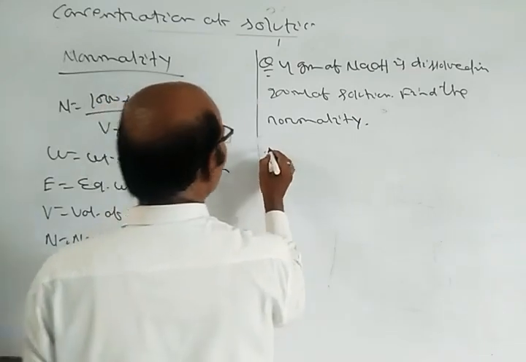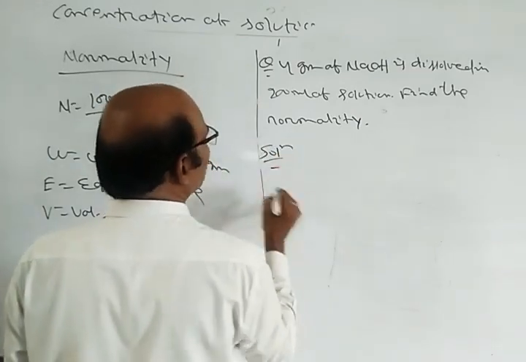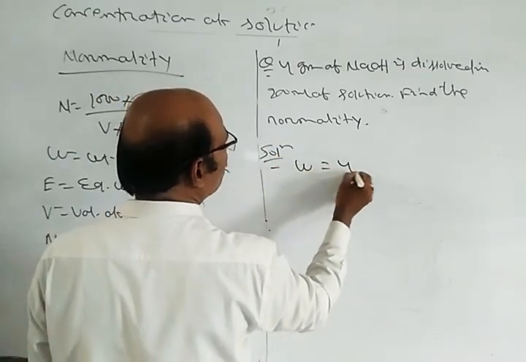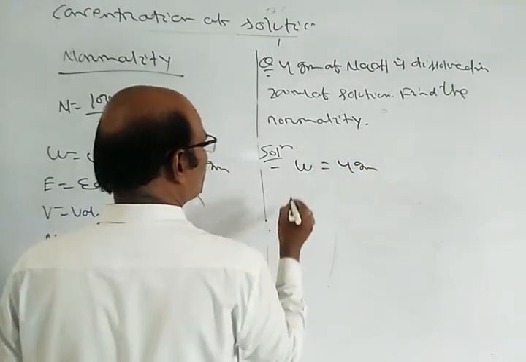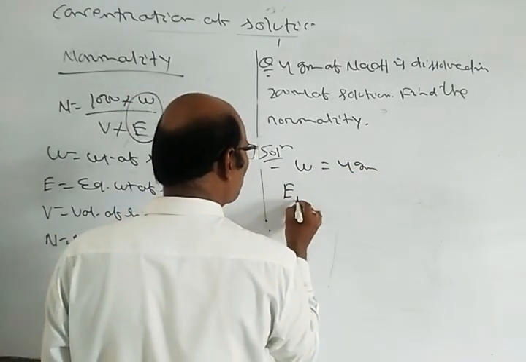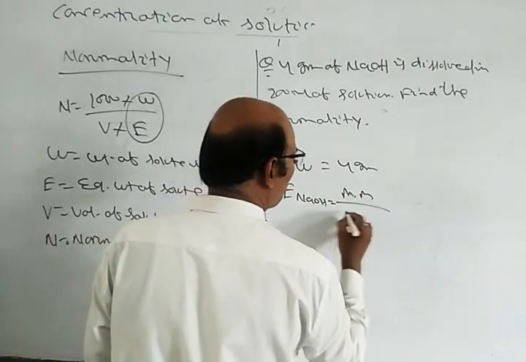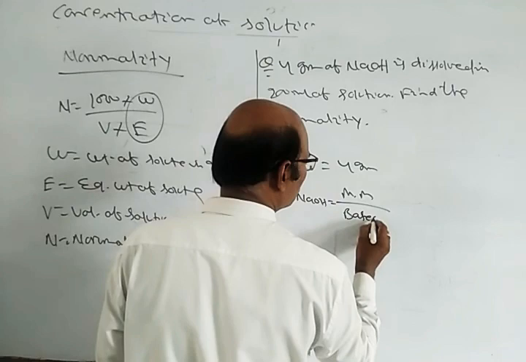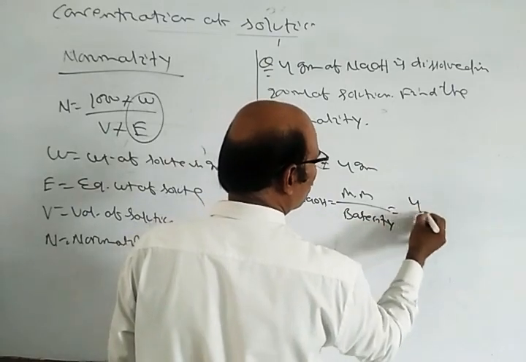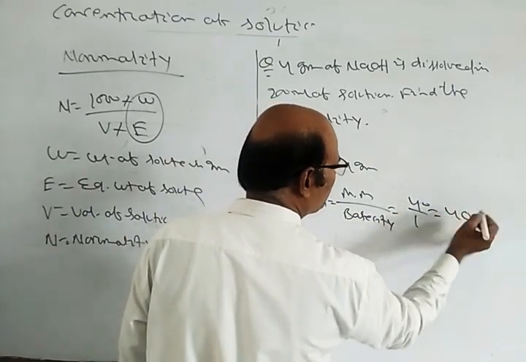So here you see, weight of solute W is 4 gram. Now equivalent weight of NaOH is the molecular mass by basicity, that is 40 by 1, which is 40.